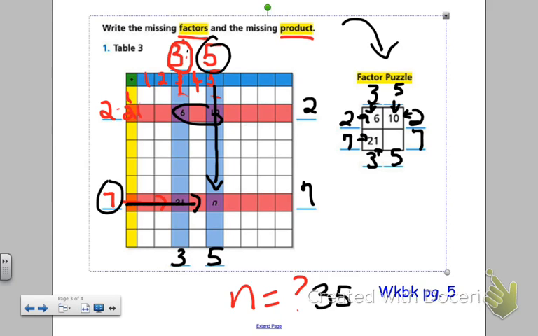And I'll put 7 on that side as well, which means our missing product must be 35 because 5 times 7 gives us 35. So the factor puzzle is just like the multiplication table, except you don't have all of those rows and all of those columns. You just have a smaller version of it. And you need to find common factors for your rows or for your columns to see if you can figure out that missing product. There's always going to be one missing product.